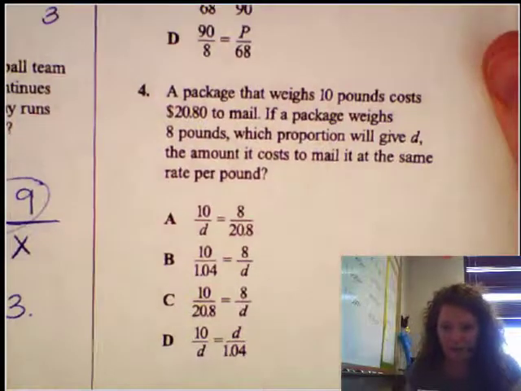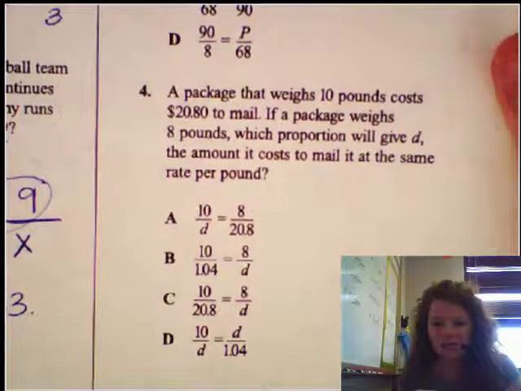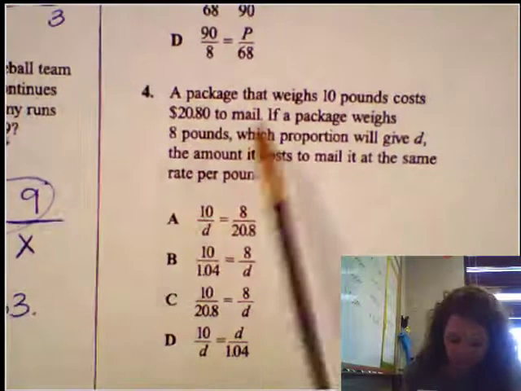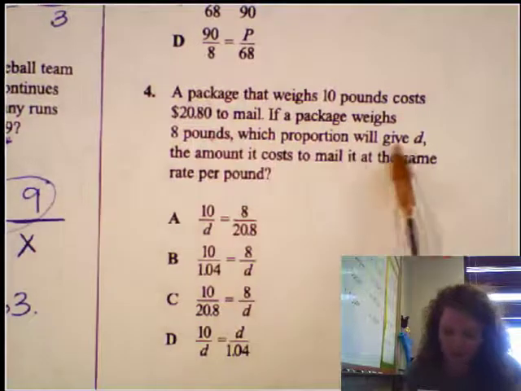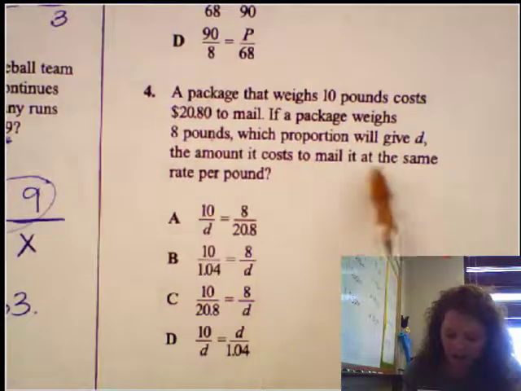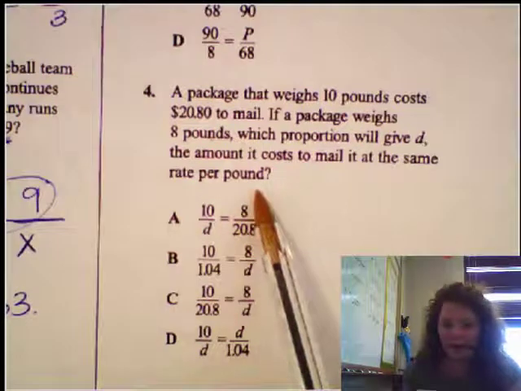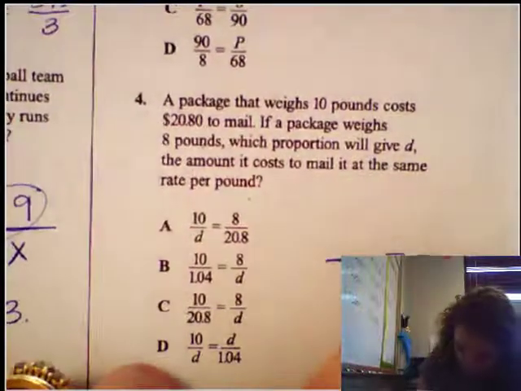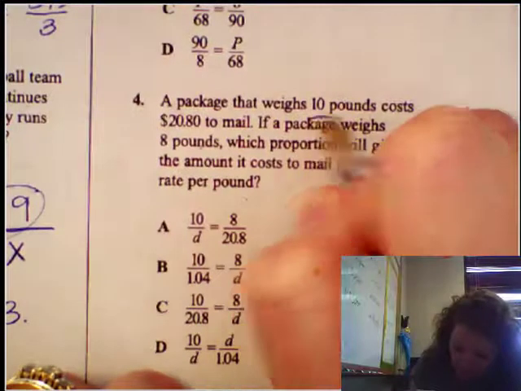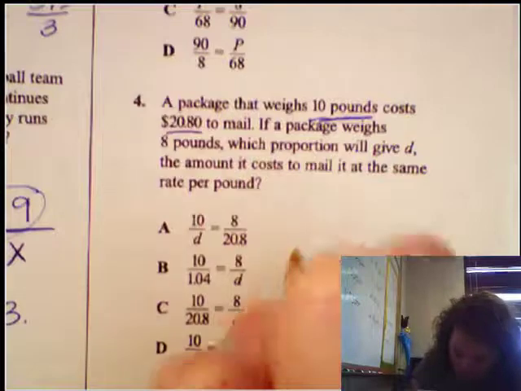Number 4. A package that weighs 10 pounds costs $20.80 to mail. If a package weighs 8 pounds, which proportion will give D, the amount it costs to mail it at the same rate per pound? All right, let's set up our proportion. What are we comparing here? Looks like we're comparing pounds and dollars.